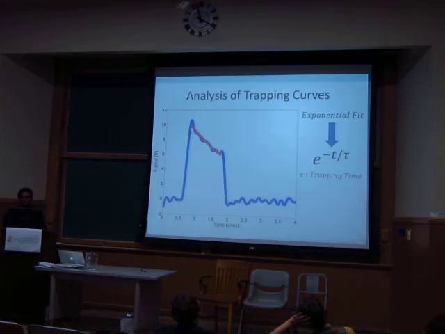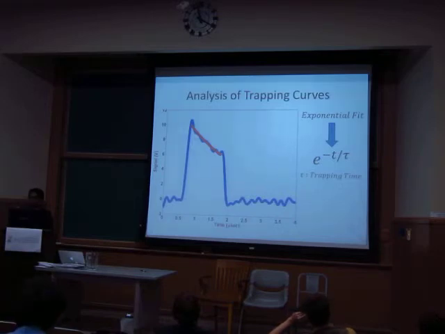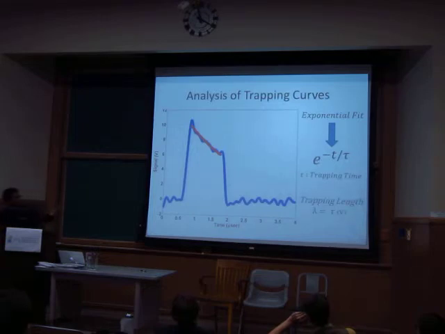And from the trapping time, we can get what's called a trapping length. Distance equals rate times time. That's an equation we all learned in high school. The trapping time is the time, and then we know the velocity, or the rate, because we can measure how fast these electrons move through the crystal, since we know how thick it is and how long it took them. So we have a velocity.